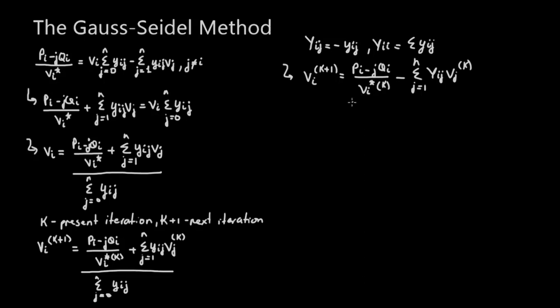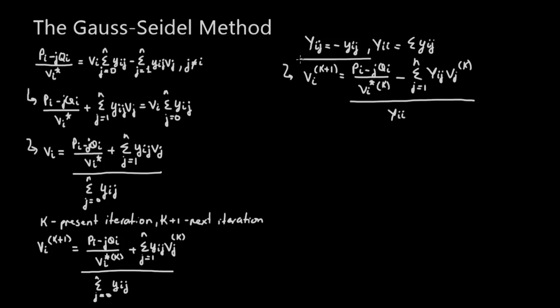So that's all I did there, and then all of that over the summation of yij, which again we know from the bus admittance matrix is the diagonal term, which is just uppercase Yii.